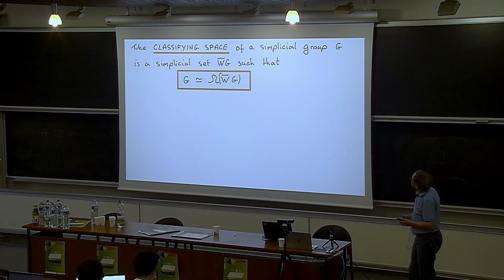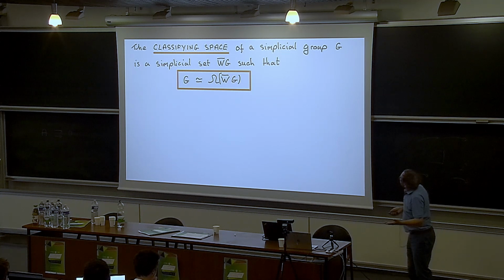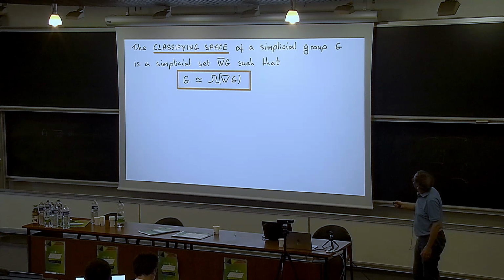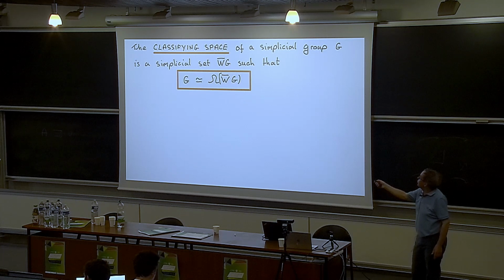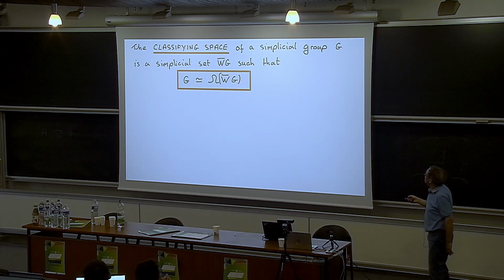It's a simplicial set which we denote by W bar of G. If G is a simplicial group, then it's also a simplicial set, so you can talk of homotopy. And G has to be the loops. We won't worry too much about this. I'm going to tell you what omega or W bar is in a moment. But G has to be homotopic to the loops on this simplicial set. But let me just move on.